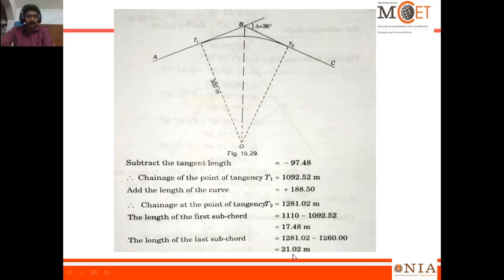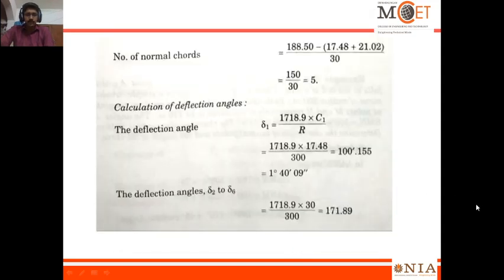The remaining is 21.02 meter, right? From that you can obtain the number of normal chords as 5. Total length of the curve is 188.50. In that, two subchords we have already fixed. So if you subtract, and the chord interval is 30, you will get 5 normal chords plus 2 subchords, totally 7 chords. So the deflection angle for each chord we have to determine.